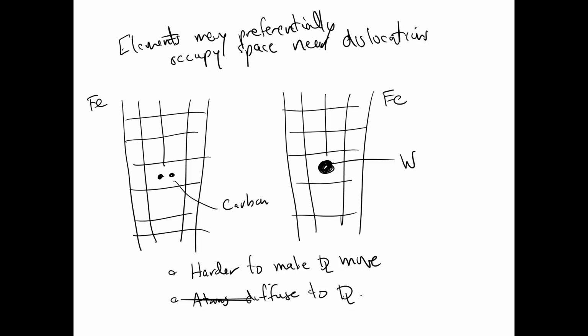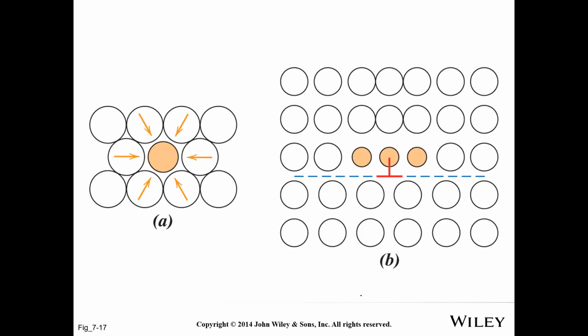Now there's some figures from your book here that describe that. Here's this idea. Look, here's an atom that's a little smaller. So there's sort of a tensile field associated with that. So it likes to sit above a dislocation where there's a compressive field, kind of cancels out.